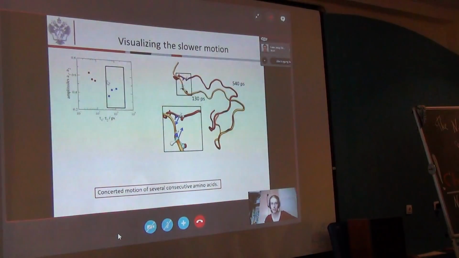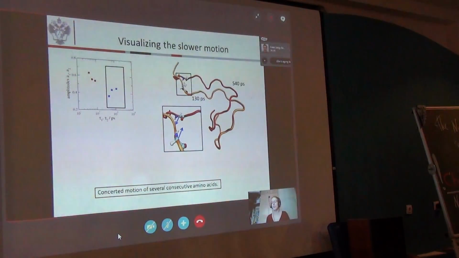So this is the time scale in which the motion takes place. And you see that the NH vectors point in opposite directions, so the correlation between them is completely lost. But you can see in this bigger picture here that the overall conformation of the peptide is retained. So the correlation is lost, although the motion did not form any folding, unfolding transition.